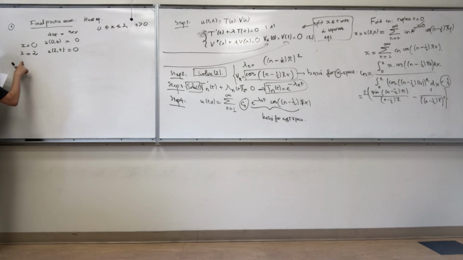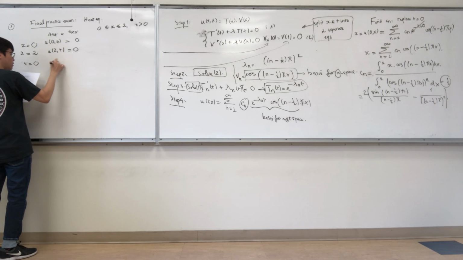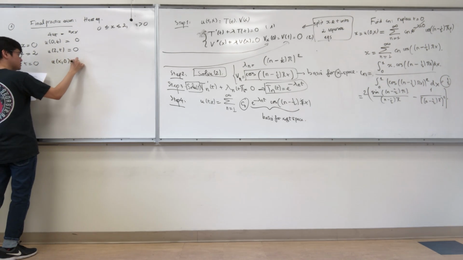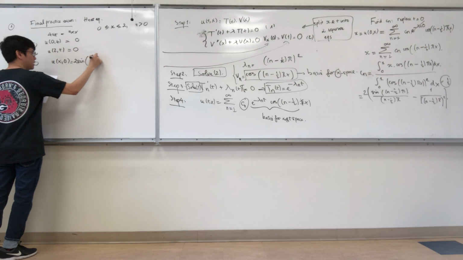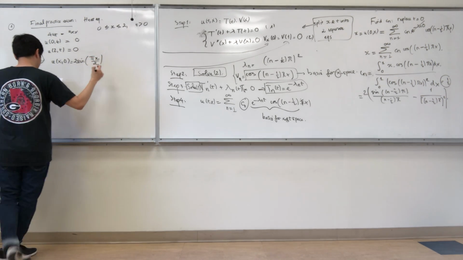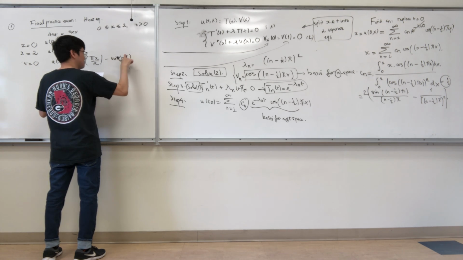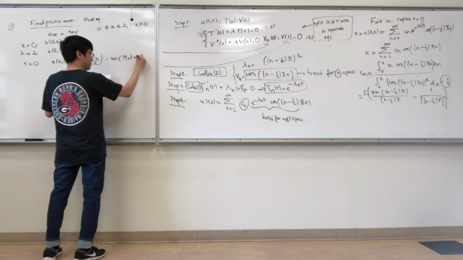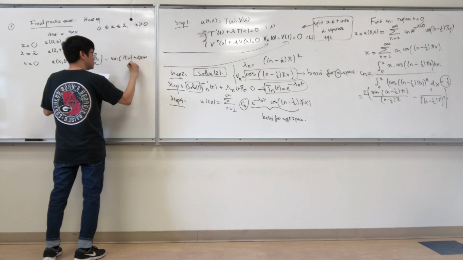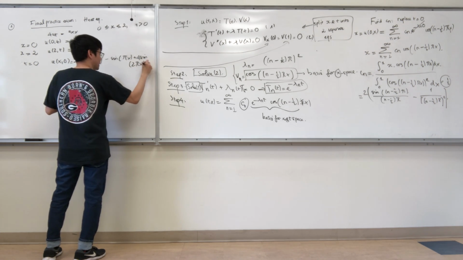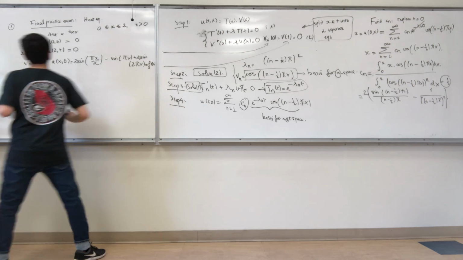And when t is 0, u(x,0) = 2 sin(pi x / 2) - sin(pi x) + 4 sin(2 pi x). This is the initial condition, right?